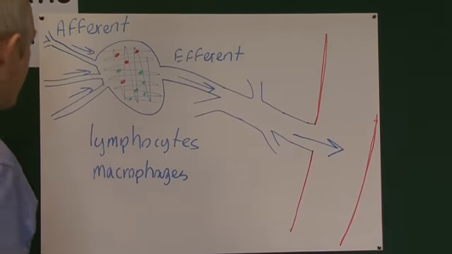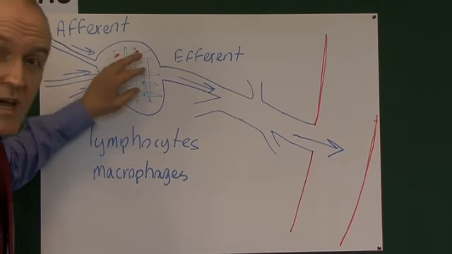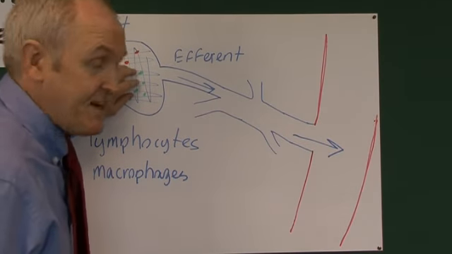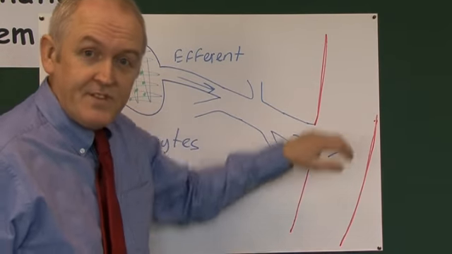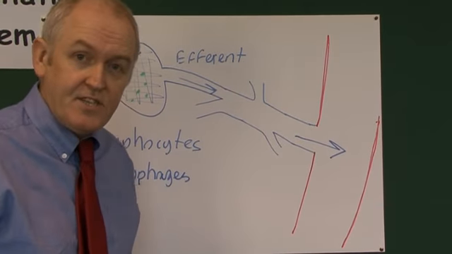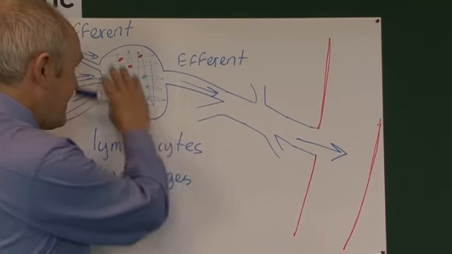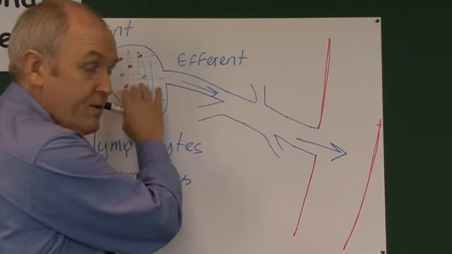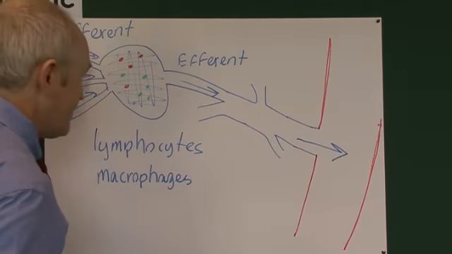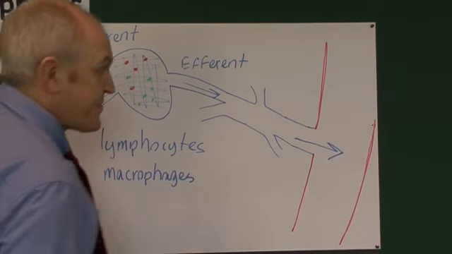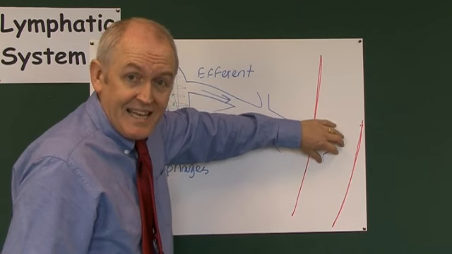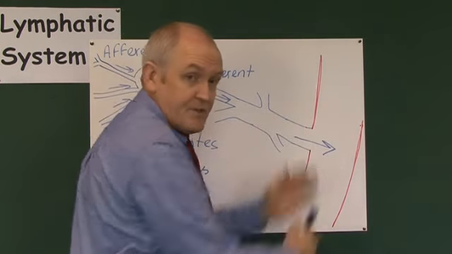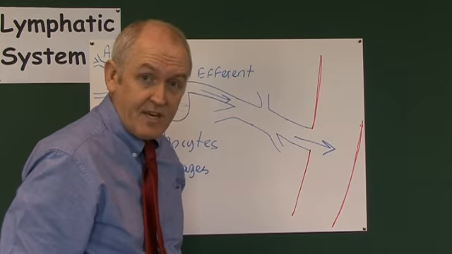So that means that any fluid that's absorbed from the tissues must go through these lymphatic defences before it gets back into the blood. That means if there's a bacterial infection in the tissues, as long as these lymphatic defences are doing their job, a bacterial infection in the tissues will not result in a bacteremia. Because once bacteria get into the blood, they can spread all around the body and cause nasty systemic infection.